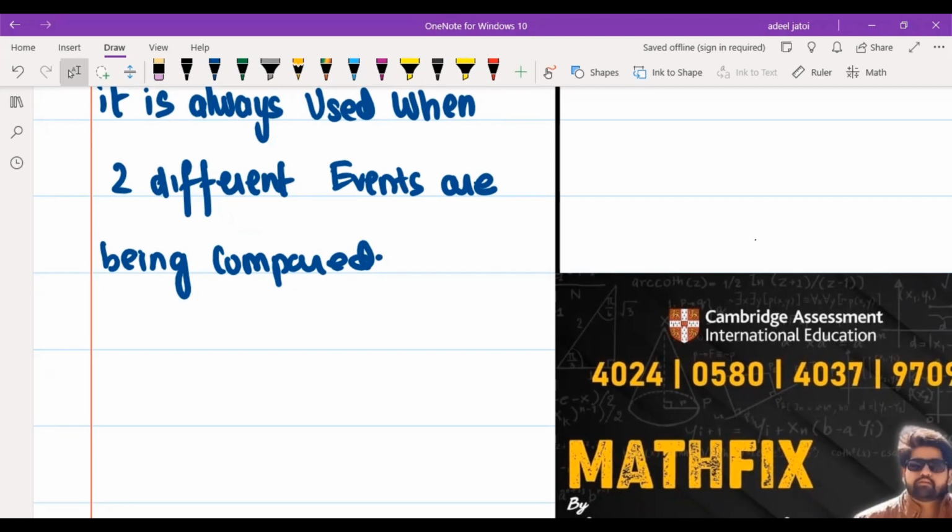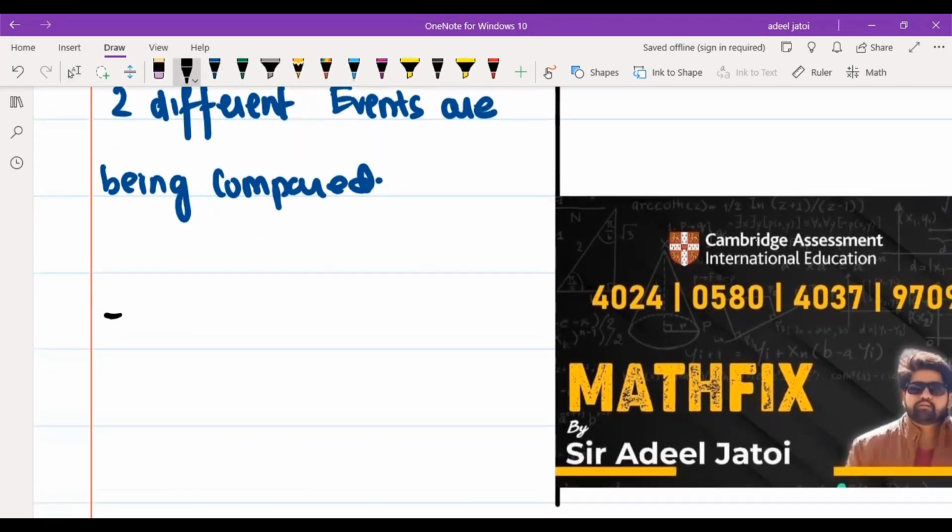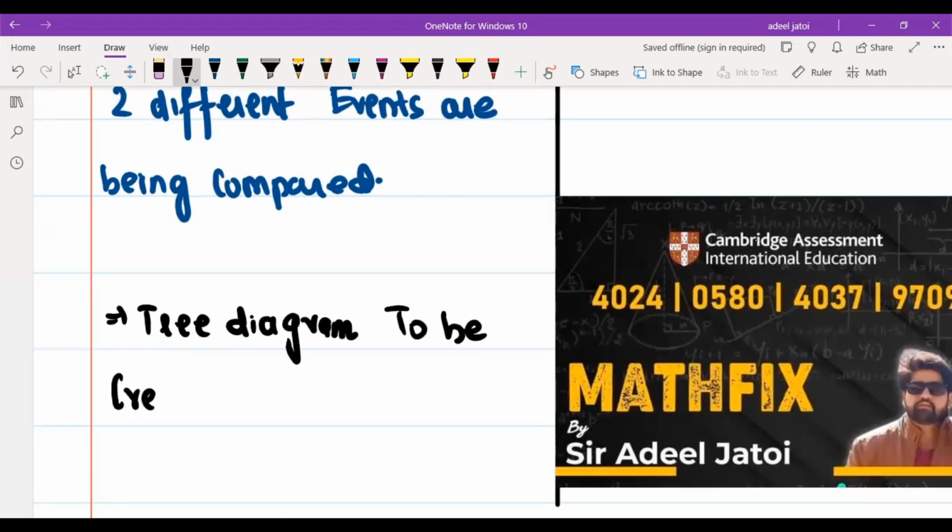In normal conditional probability, I would suggest a tree diagram to be created for two events. So one thing is very clear.